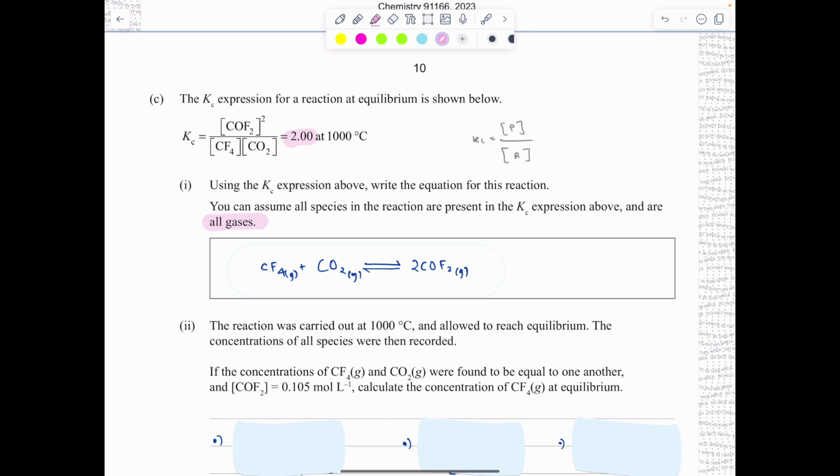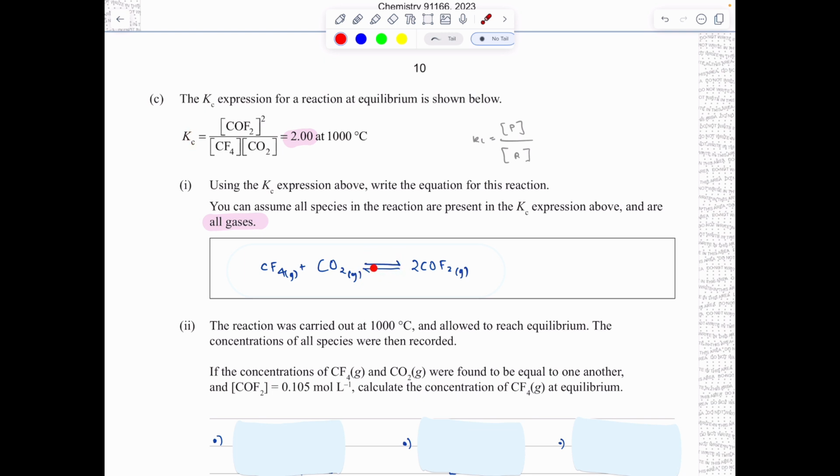As I said before, products are on the top. So whatever's on top is going to be on the right side of the equation, and the reactants are on the bottom. That means they go on the left-hand side, okay? As you can see, based on this expression, it's got the equilibrium arrow, and that's because Kc is all about equilibrium.